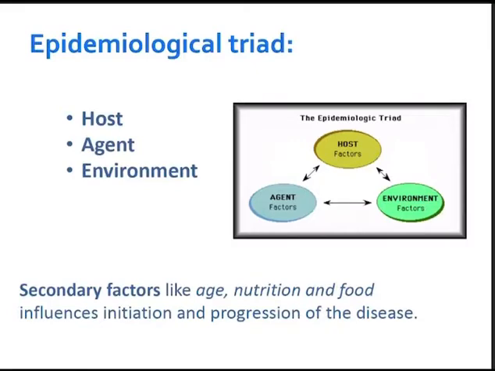All these are called environment factors. A balance needs to be maintained. Whenever the balance among these three is disturbed, the disease progresses. Apart from that, secondary factors such as age, nutrition, and food are also found to influence the initiation as well as the progression of the disease.